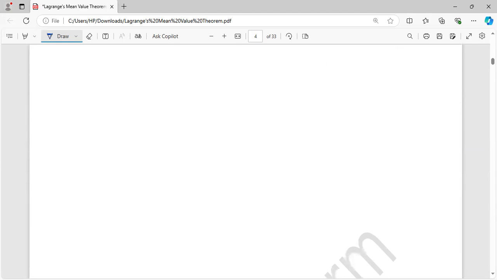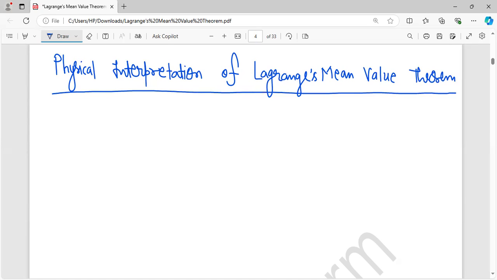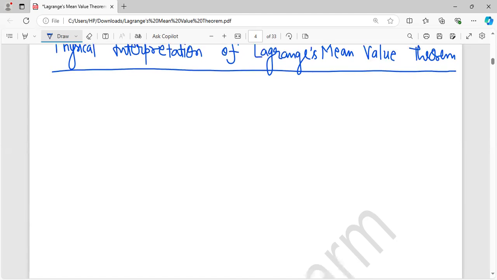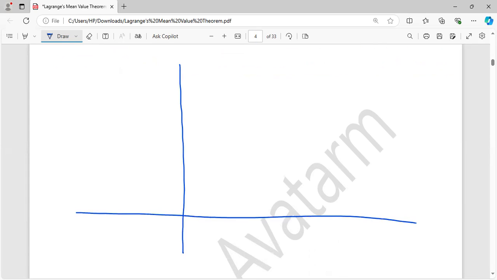So what is the physical interpretation of Lagrange mean value theorem? We have a here and we have b here.